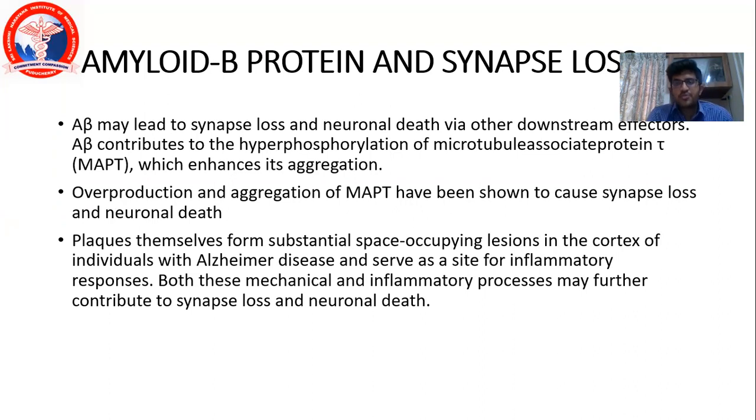Generally, microtubule associated proteins are not deposited. Once it gets hyperphosphorylated, that leads to its aggregation. Okay, so both this A beta protein and neurofibrillary tangles together cause synapse loss and neuronal death.